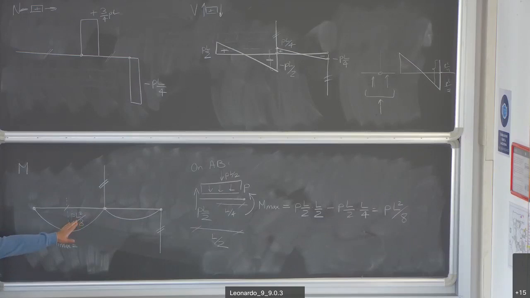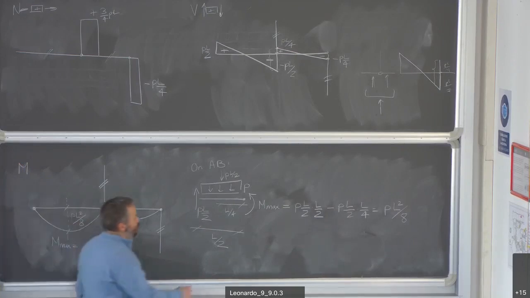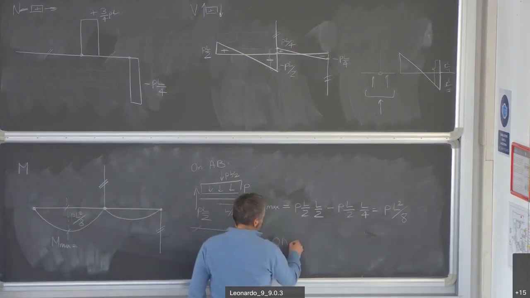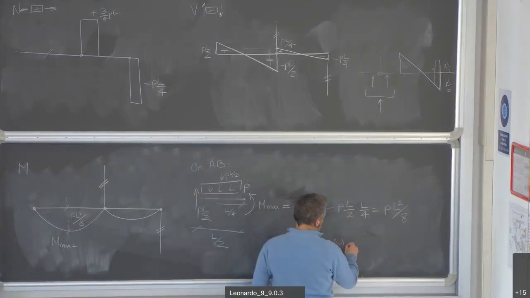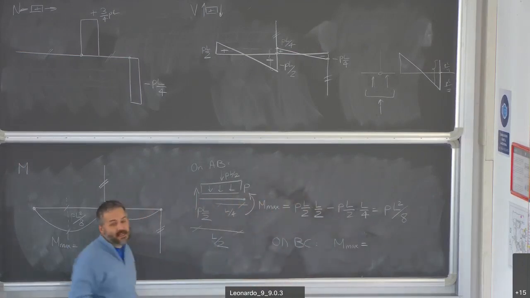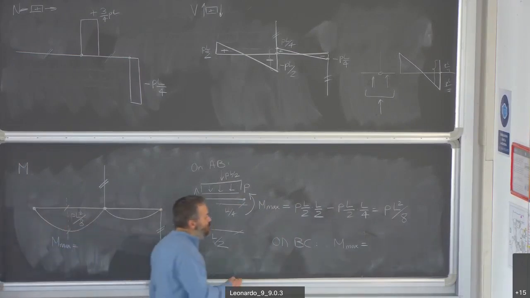If you repeat the calculation on the second beam, which is BC, just to make it simpler, stick to what I did before. On BC, is that PL squared over 16? Wait. Remember, I said the length of the span BC is L divided by 2. But suppose I called it L prime. What would the maximum bending moment be?